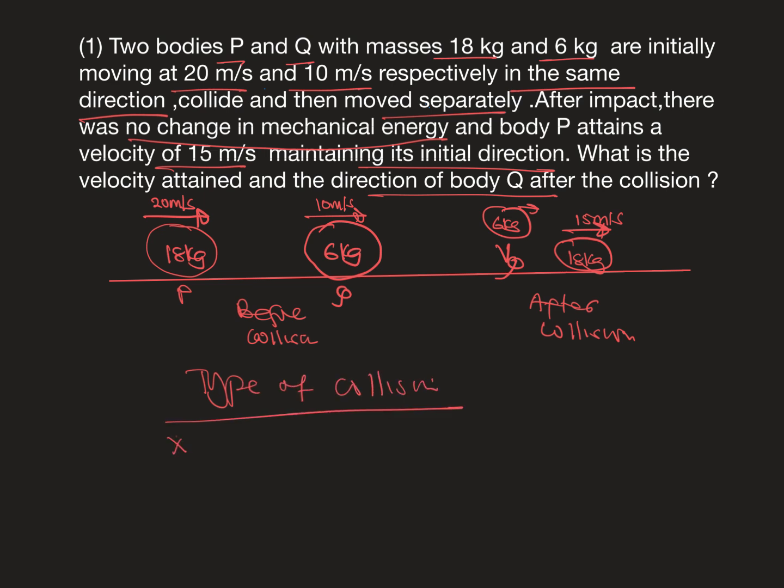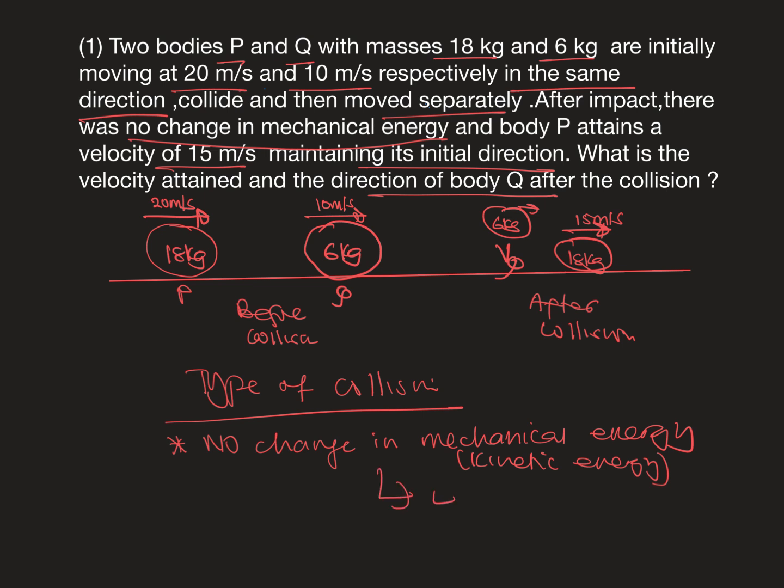From the question, it says no change in mechanical energy. So a type of collision in which there is no change in mechanical energy. Bear in mind that mechanical energy means kinetic energy. So if there is no change in kinetic energy, we're talking about elastic collision.